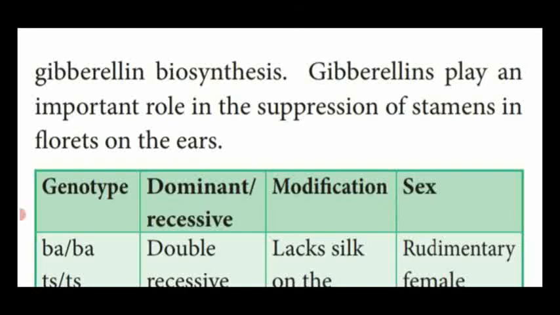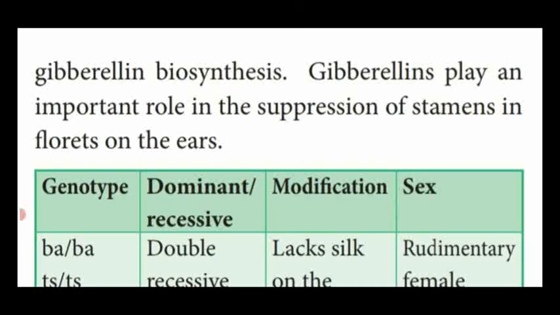That means the substitution gene produces gibberellin biosynthesis due to the mutation process. This gibberellin plays the role in the suppression of stamens in florets on the ears.